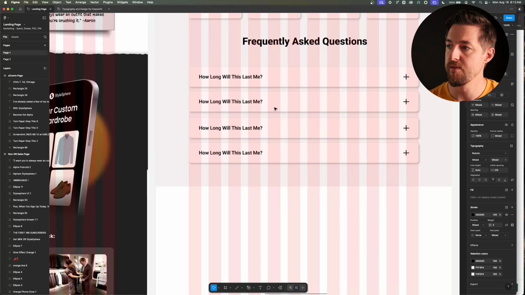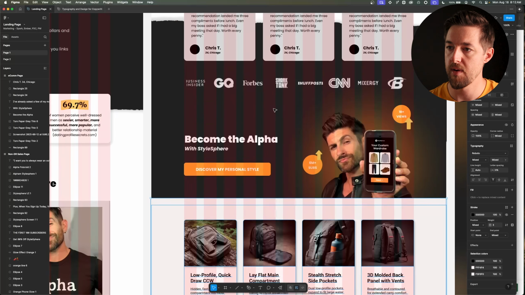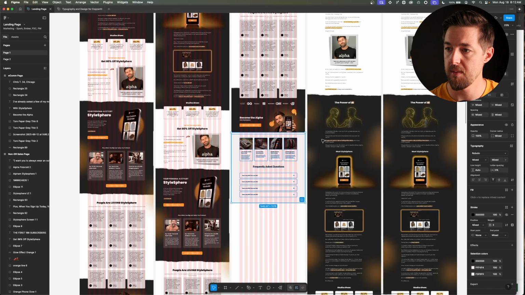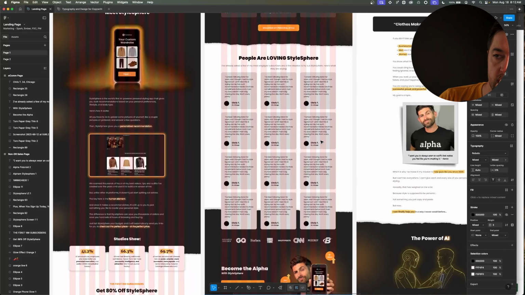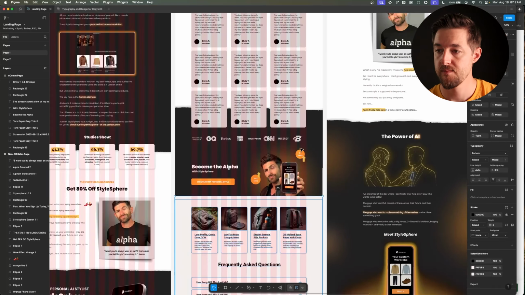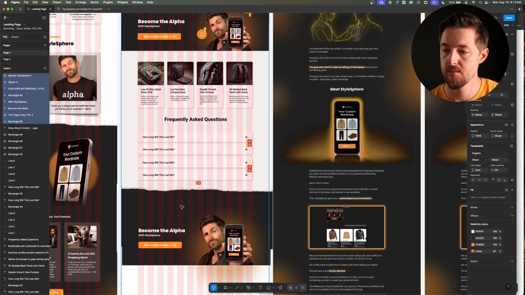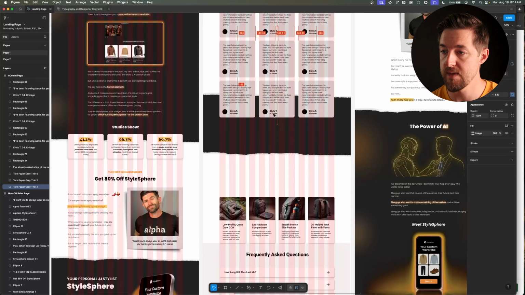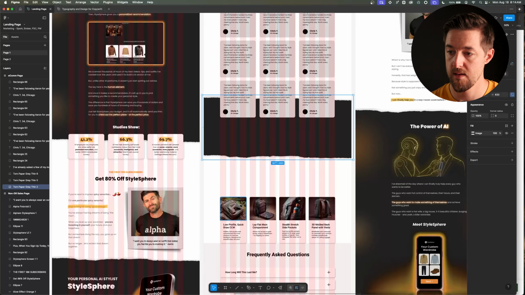Now it's just a question of ordering, because the question is if I want to put this call to action at the very, very bottom, and I probably do. Okay, so I want that to go up to there.